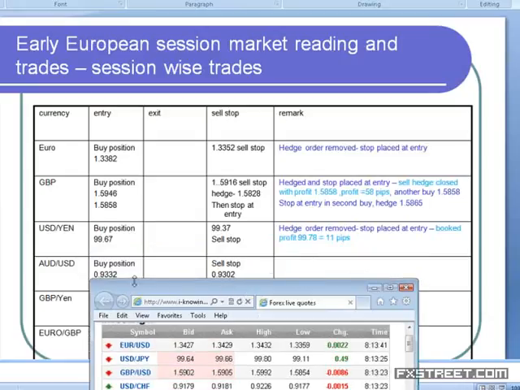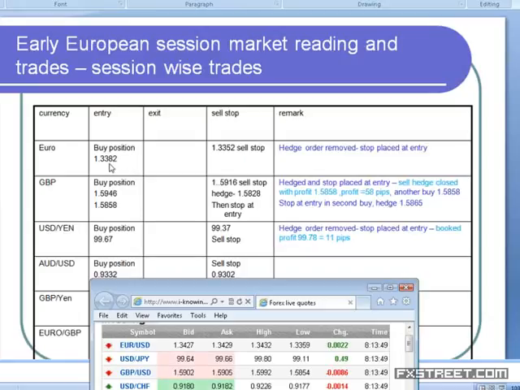Now, with regard to the positions I committed during the European session, I took a buy position in the case of Euro, and it was only a limit order, 1.3382, and it was around 1.3390. Suddenly they made the drop and filled it, because I wanted to keep 2 pips above the initial low, the new low, 1.3380.